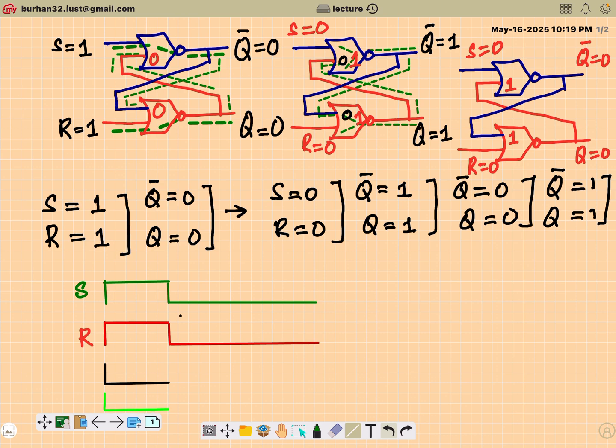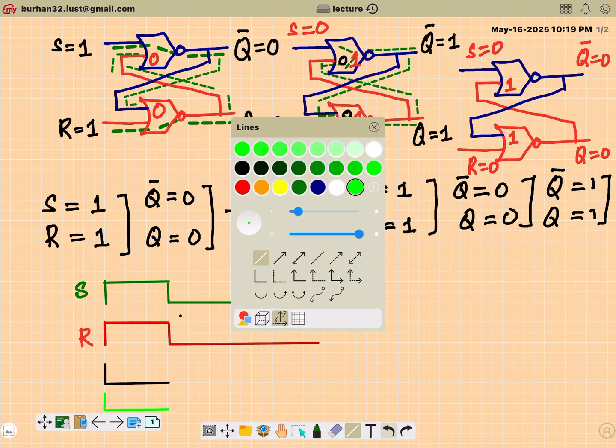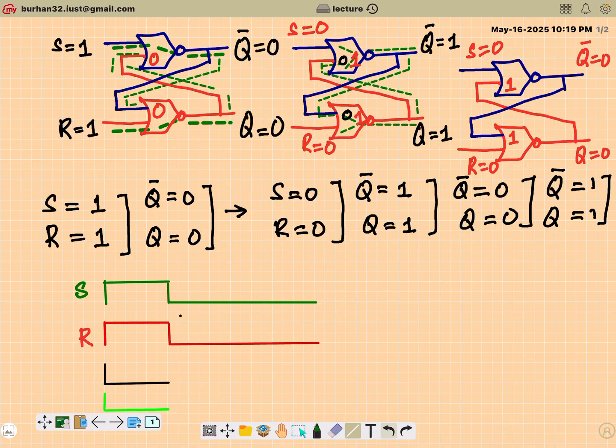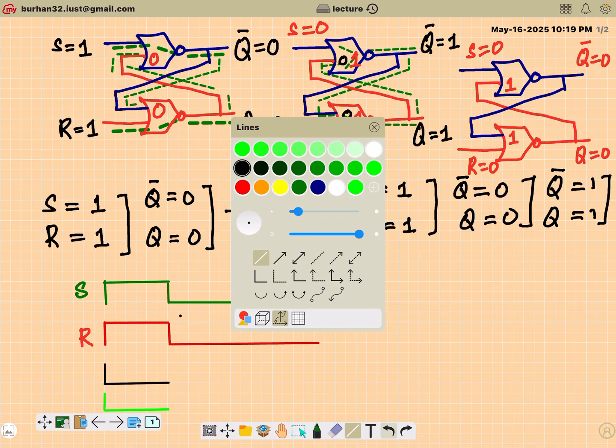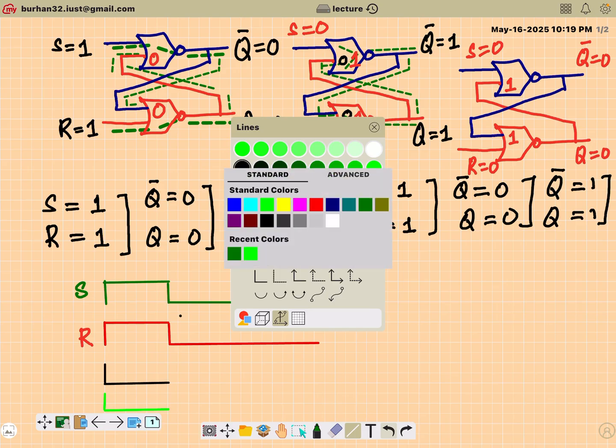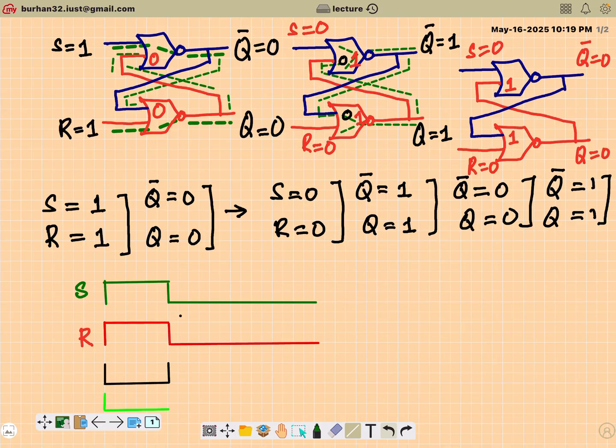But after that, when I change S is equivalent to 0, R is equivalent to 0, it will start oscillating. And that is a problem. Oscillations are always bad. Oscillations in a digital circuit are extremely bad. So it will be something like this. It will oscillate between 1 and 0. And oscillation is not a stable state.